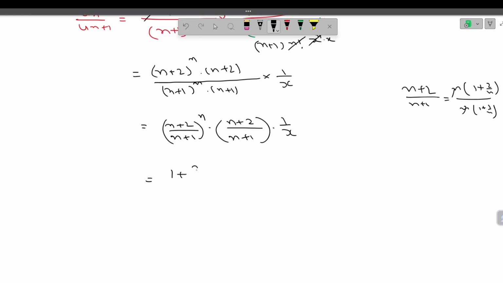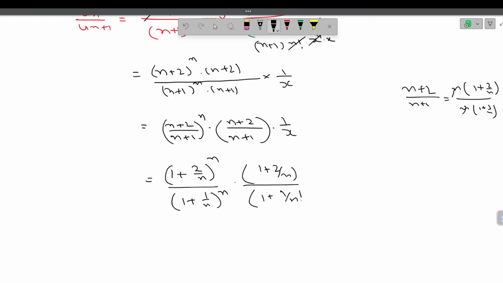So this is 1 plus 2 by n whole to the power of n by 1 plus 1 by n whole to the power of n. Again, if you take n common, this is 1 plus 2 by n into 1 plus 1 by n.